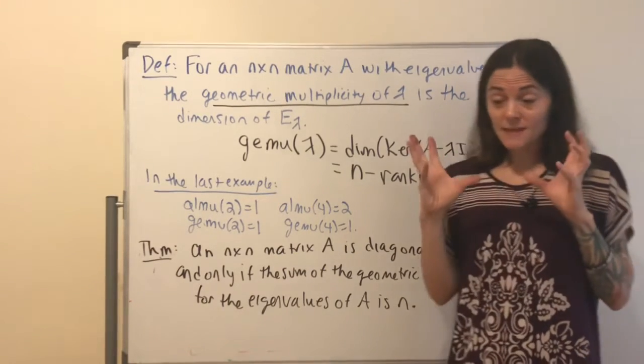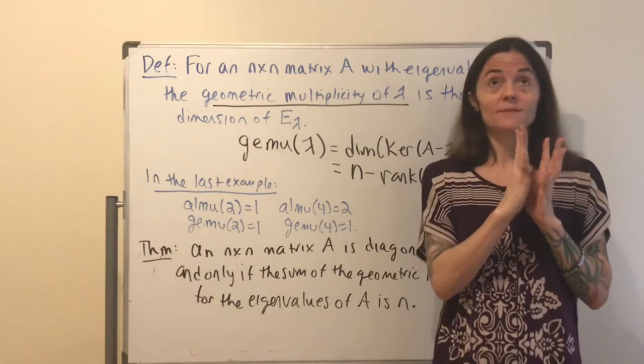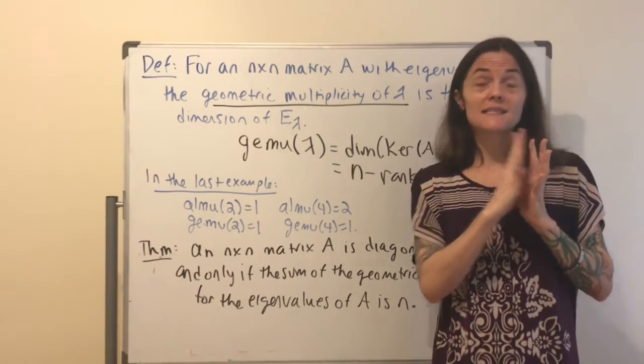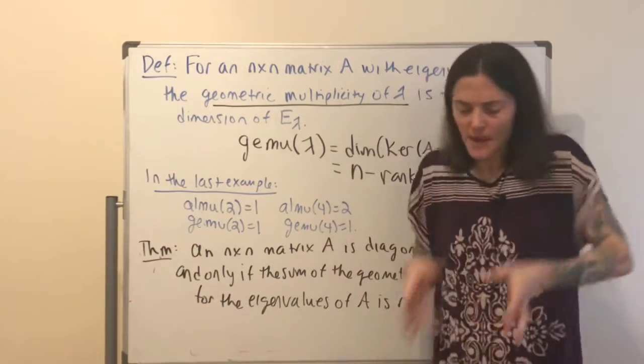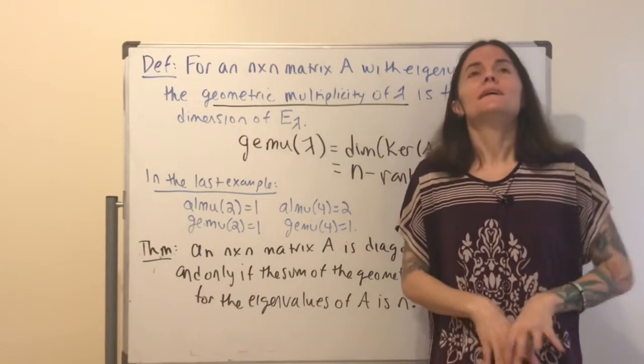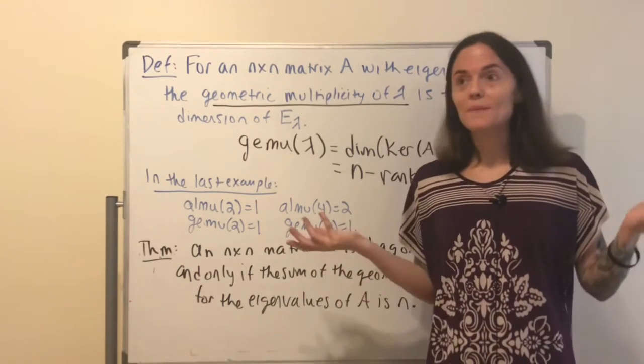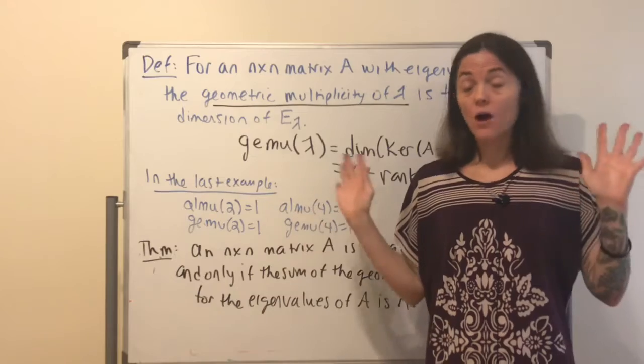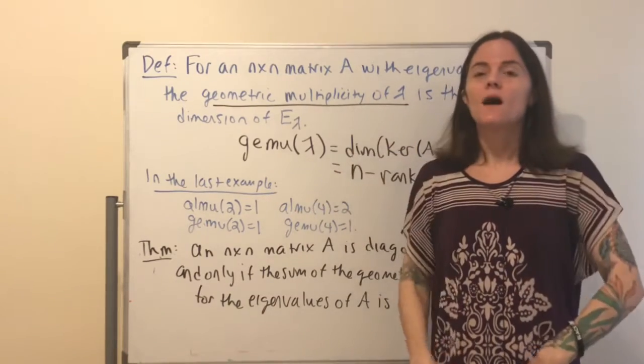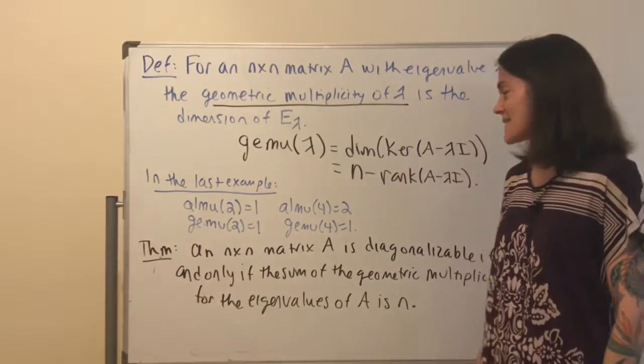And this matrix S would consist of the eigenbases for A. You just take the bases for each eigenspace, concatenate them into one big basis for Rn. This goes in the columns of this matrix S.